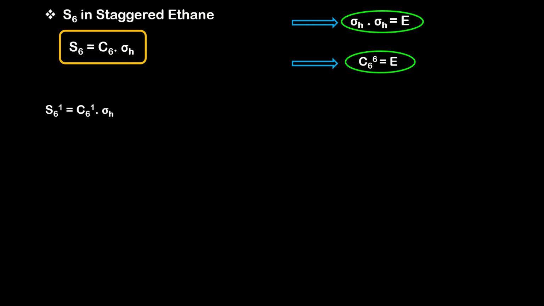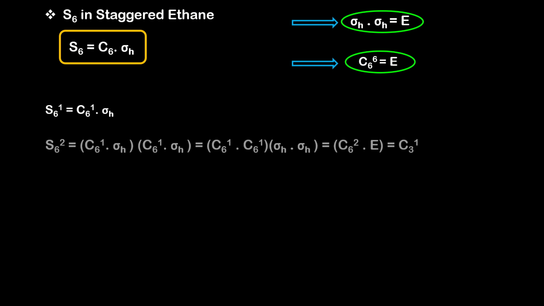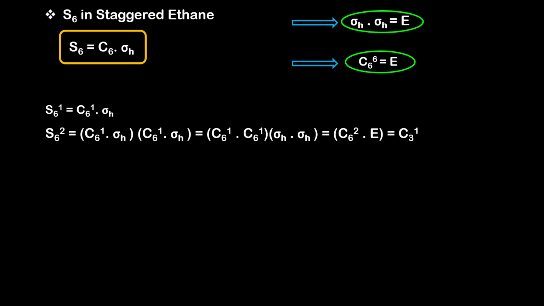Here we will apply successive operations to staggered ethane. S6^1 is equal to C6^1 into sigma h. This is a unique operation. S6^2 means two successive improper rotations, which lead to C3^1.